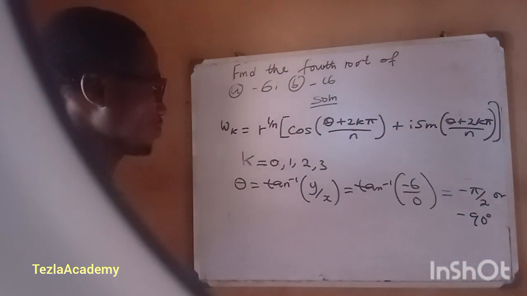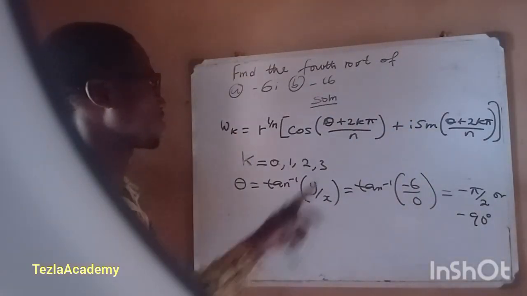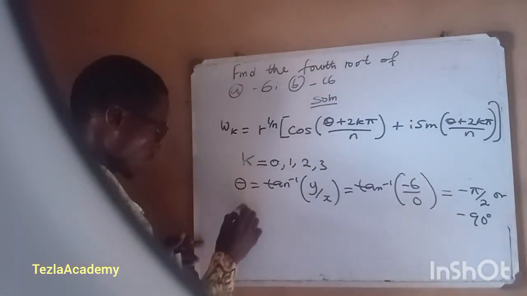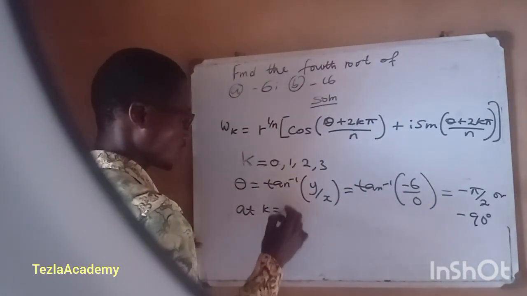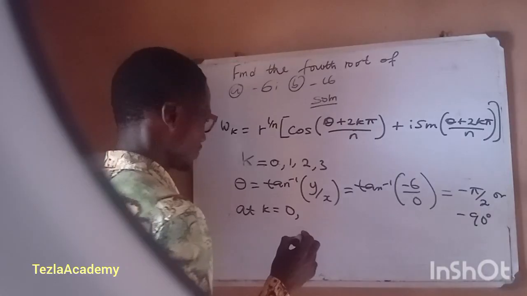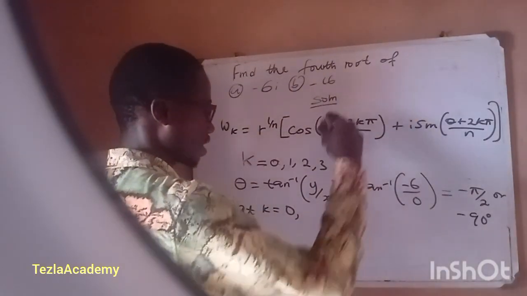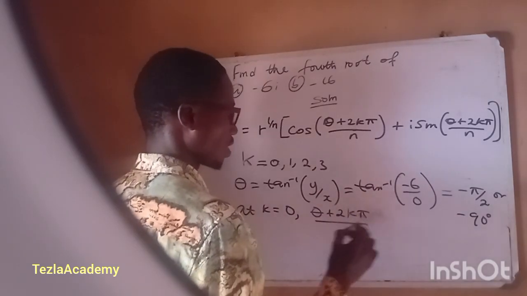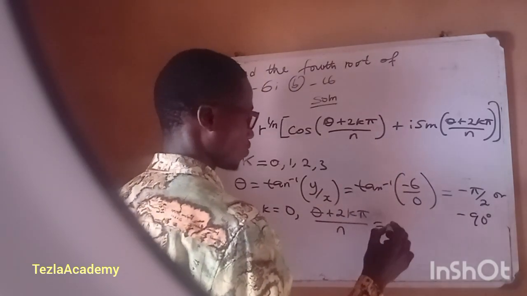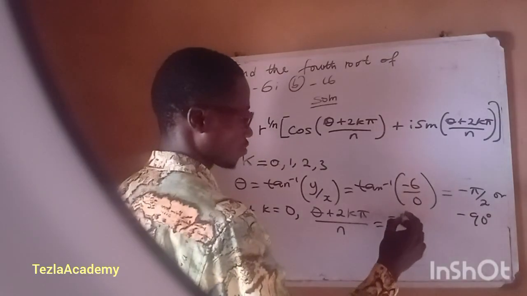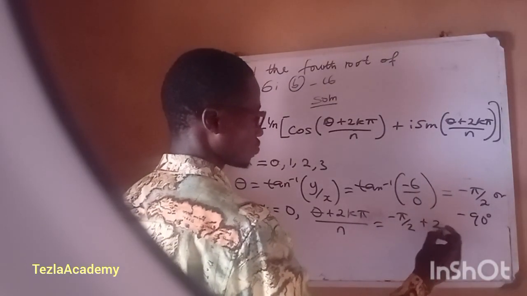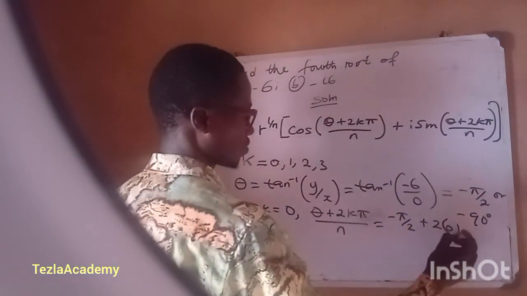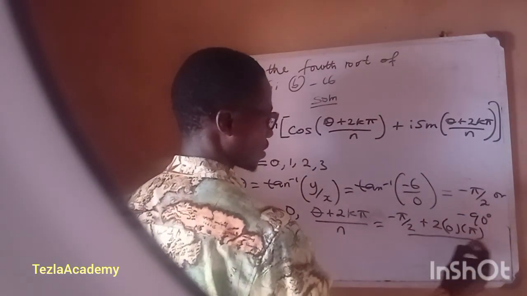So I will be solving for the angle now, this angle inside here, when k equals 0, 1, 2, 3. So at k equals 0, our angle, theta plus 2k pi all over n, equals... theta is given as minus pi over 2, plus 2 bracket k, the first one is 0, so 0 times pi, all over n.